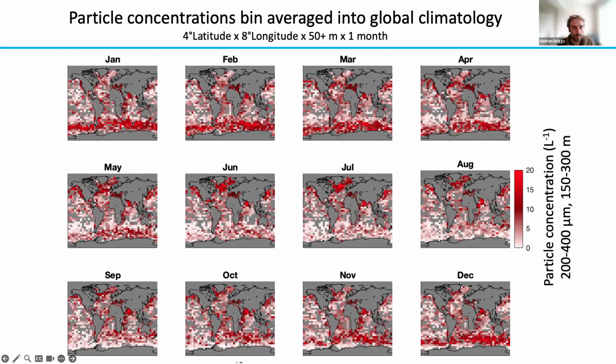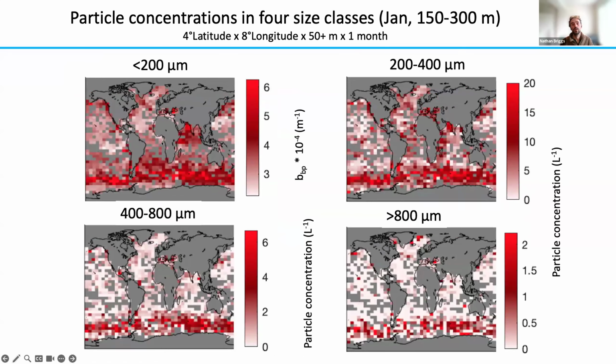You can see that the signal is a bit noisy. In certain pixels, we have more or less data, but we can very clearly see the seasonal patterns in appearance of these particles at depth. We can do this for different size classes. So again, we're looking at the 150 to 300 meter depth range. And here I'm zooming in on just a single month, just January climatology.